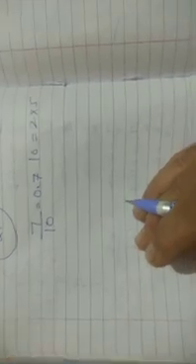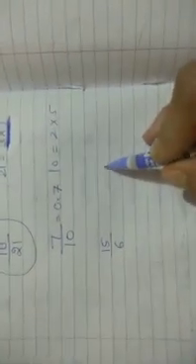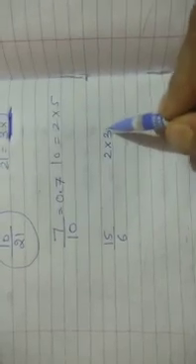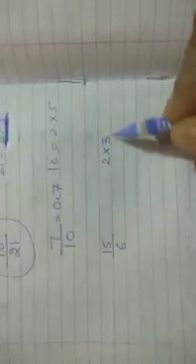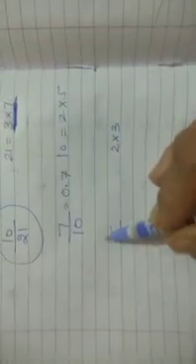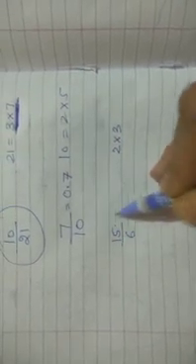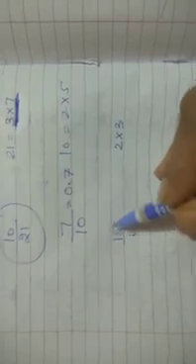Now I am telling you a very important concept. Now this is 15 upon 6. Now if you see, 6 is 2 into 3. According to the rule which I have told you, this should be non-terminating. But this is a terminating decimal.